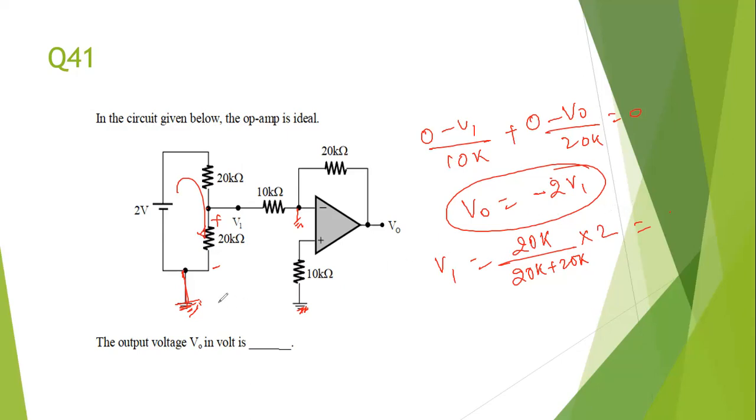So how can you find V1? This is the source potential, this is your 2 volt. Apply here, this is 1 by 2 into 2, this is equal to 1 volt.